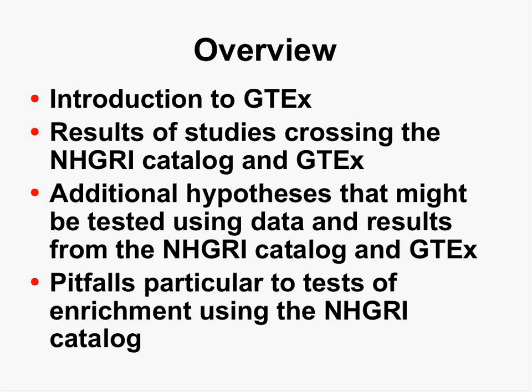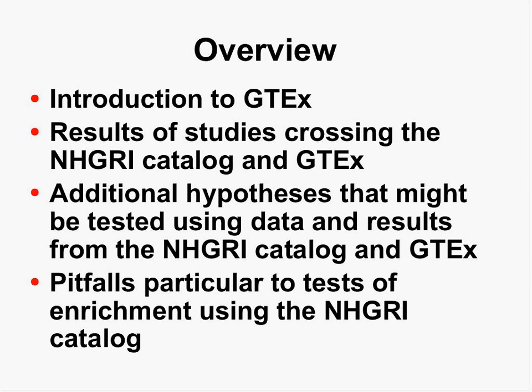And then I'm going to just mention a few of the pitfalls that people need to keep in mind in terms of precisely those things. So in trying to test things in the NHGRI catalog and in trying to draw concrete conclusions about classes of functional variants and their enrichment in the hits that we see highlighted in the NHGRI catalog, the kinds of challenges that unquestionably arise in being able to draw conclusions from these studies, people just need to keep in mind as we move forward.